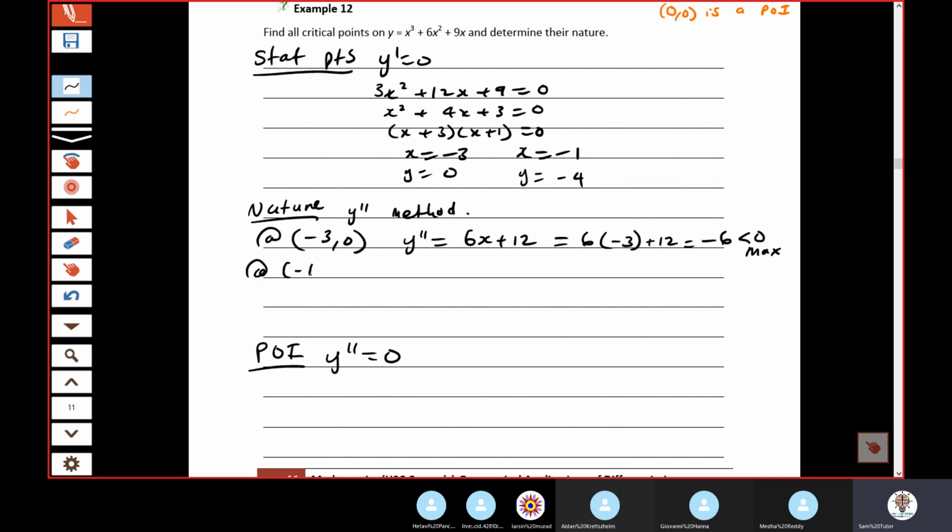At x equals -6 plus 12 is 6, greater than 0, min. Now do y double dash equals 0 and see if you can prove it as well.